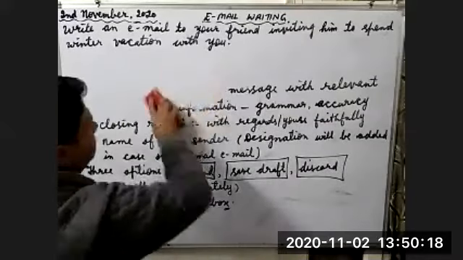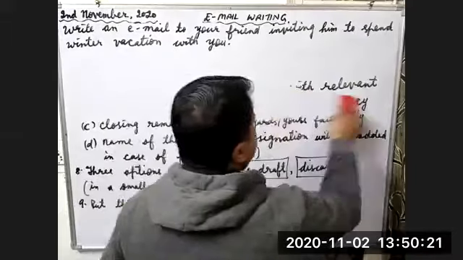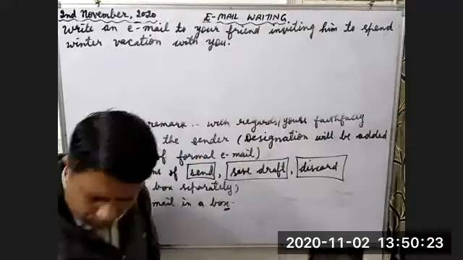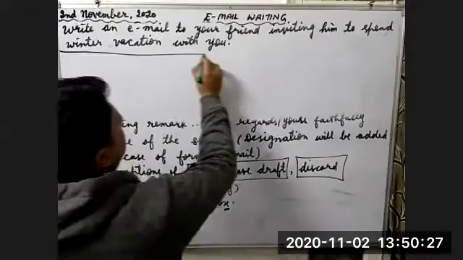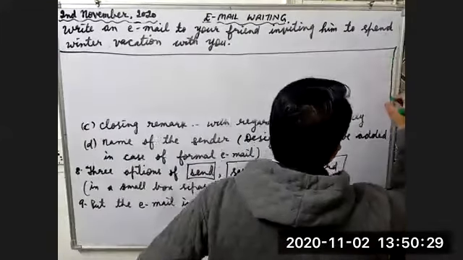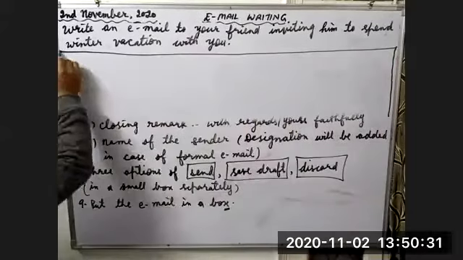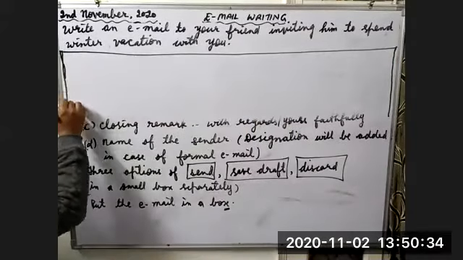What is the first point? The first point is we will write to. Before starting the email writing, make a box, so that you do everything inside a box.